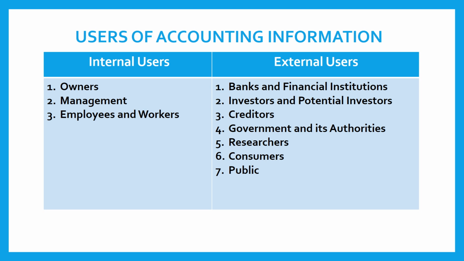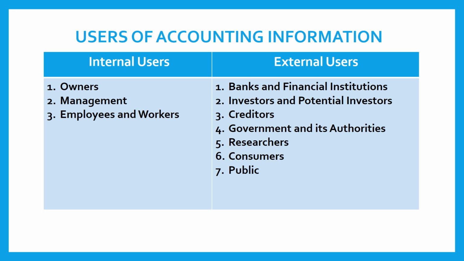The next, consumers. Consumers are also interested. Why are consumers interested? Because at times the prices of some products are fixed by the government. So it needs accounting information to fix fair prices. So whether business organizations are fixing the correct price or not, in order to know this, consumers are interested.